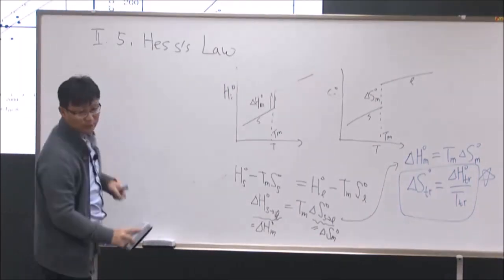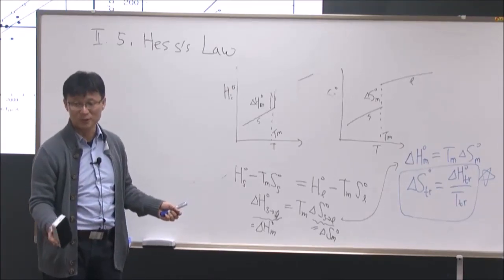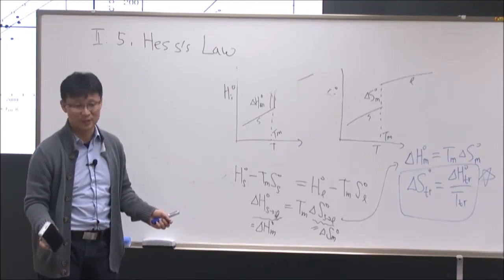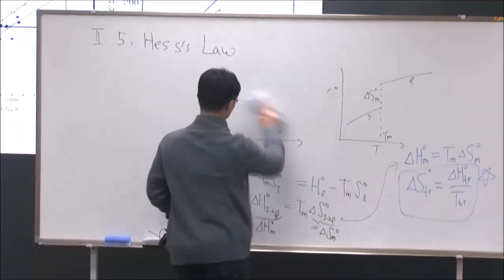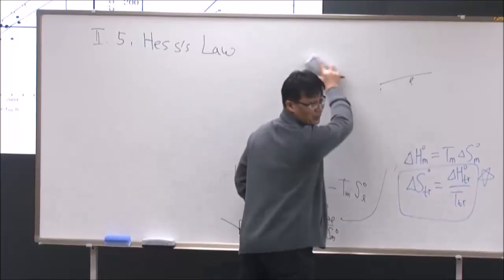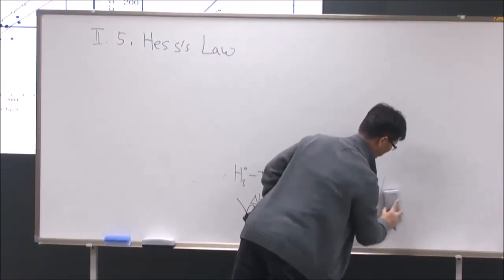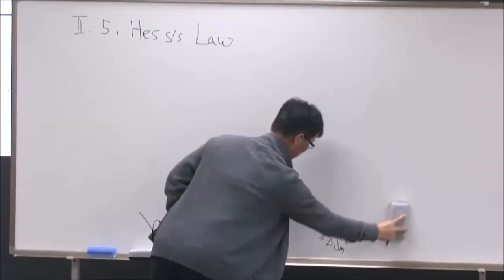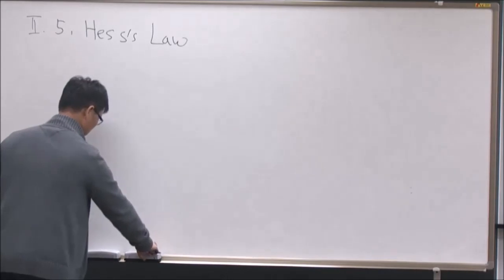You know Hess's law already. Everyone probably knows Hess's law. You learned this from general chemistry. I don't want to really teach this because it's so obvious. So why can we apply Hess's law? From a thermodynamic point of view, why do you think Hess's law works?